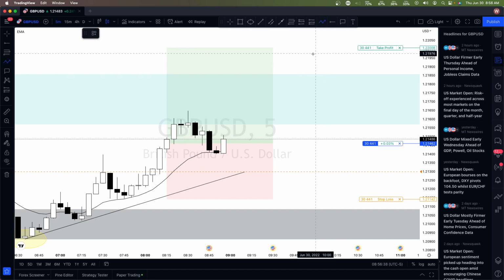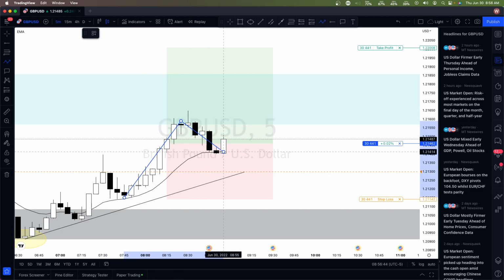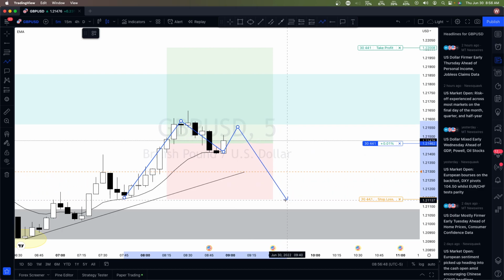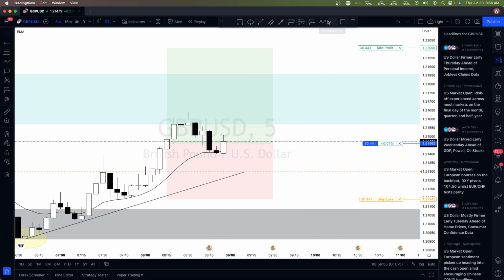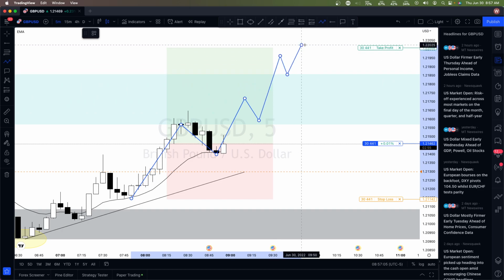What I don't want to happen is for price to go here, down here, and something like here, and come back down, making a double top. What I want for it to do is make a new higher, like that.